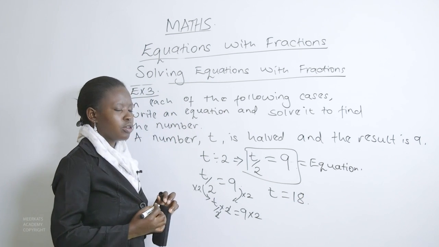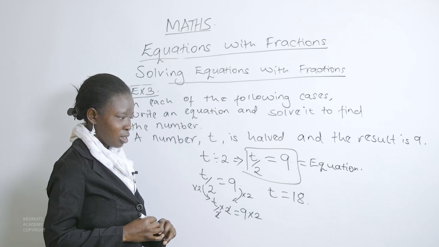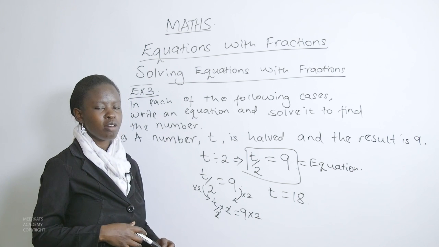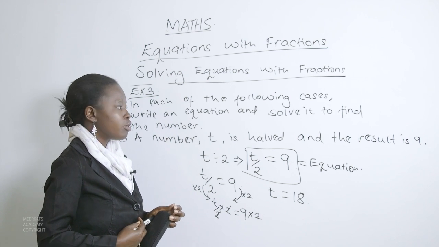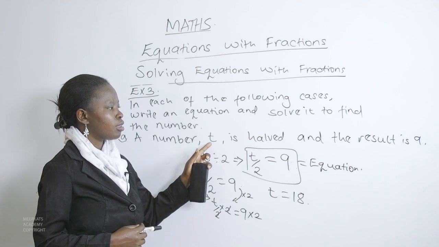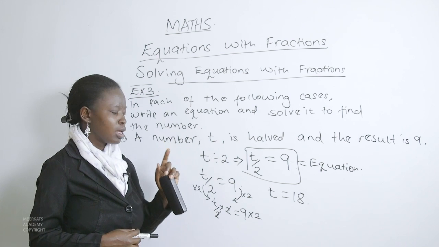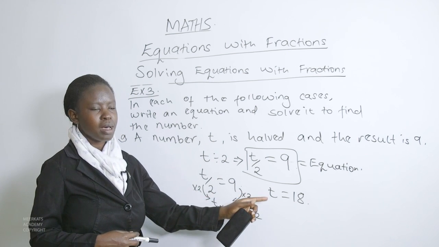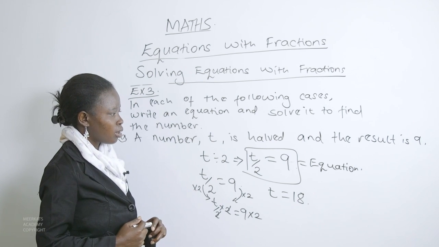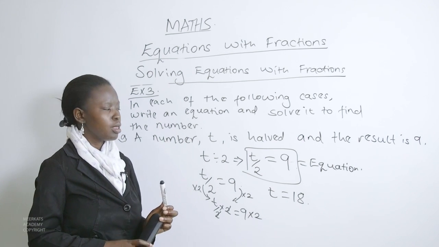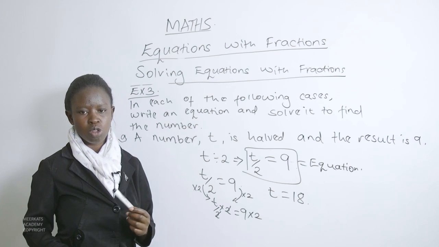So the number that we are looking for is 18. You discover that when you have 18, you will have the value of 9. So a number t is halved and the result is 9. So it means our number is 18. So we have gotten the value of our number in this given situation.